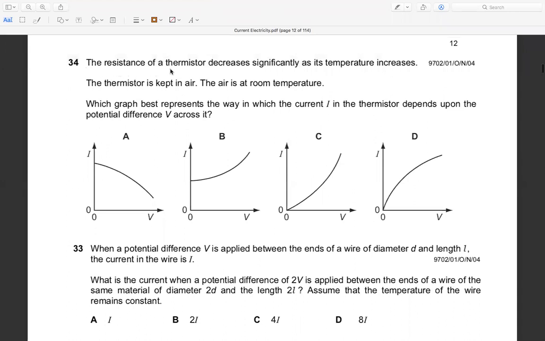34. The resistance of a thermistor decreases significantly as its temperature increases. The thermistor is kept in air at room temperature. Which graph best represents how the current I on the thermistor depends upon the potential difference V across it?